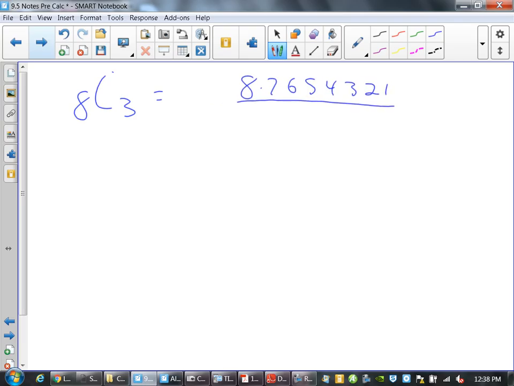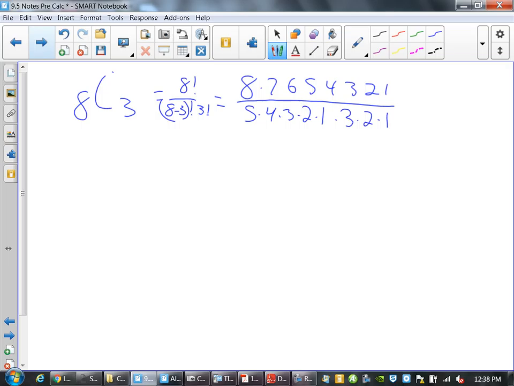What's 8 minus 3? 8 minus 3 is 5. 5 factorial would be, and then 3 factorial would be, and then you start crossing stuff out.